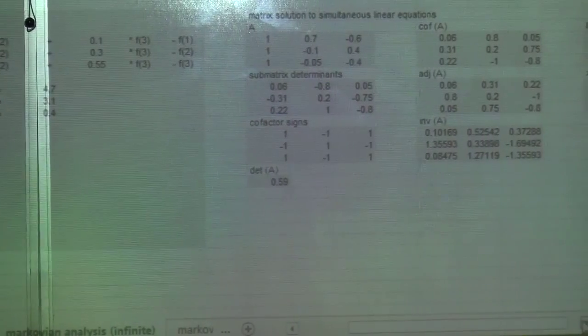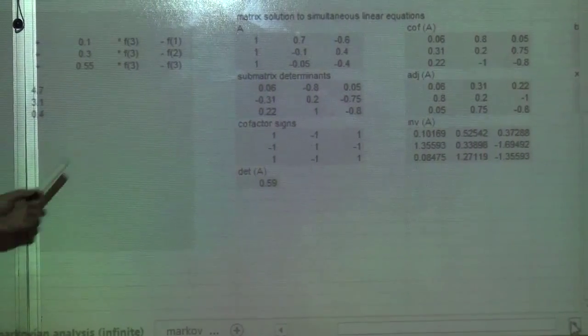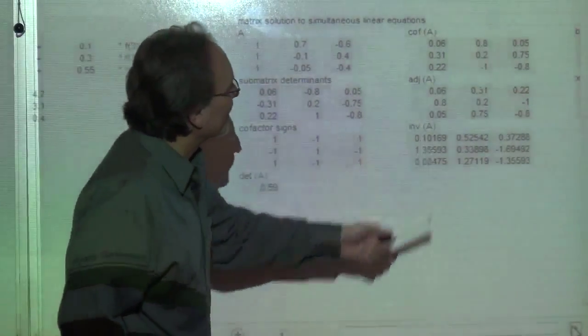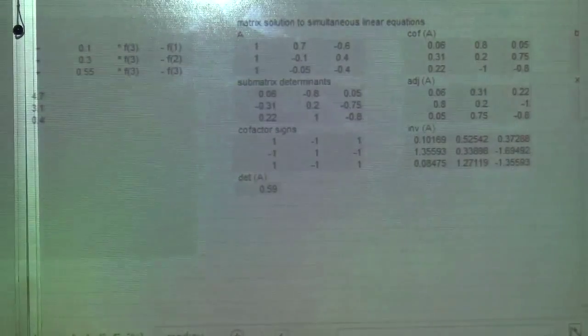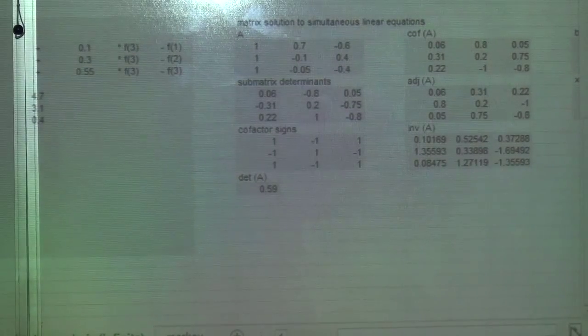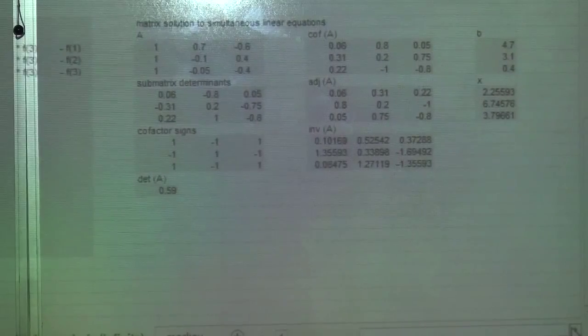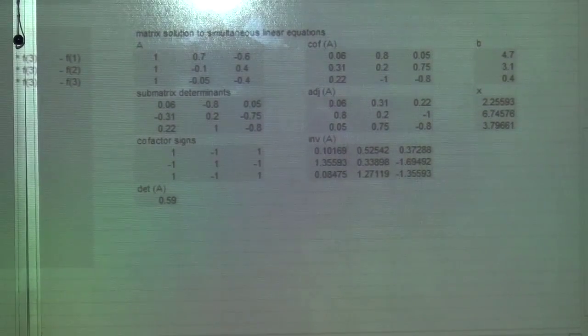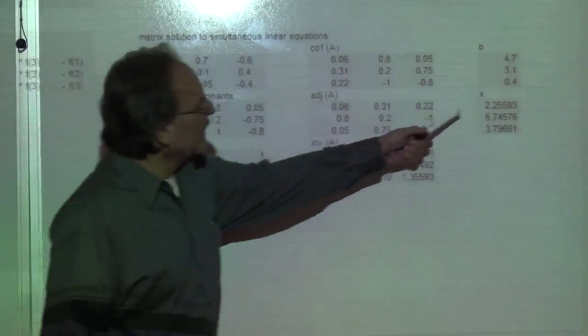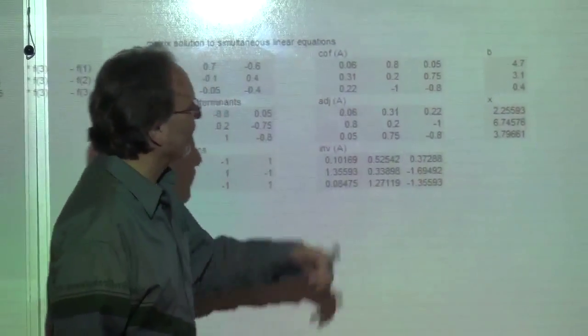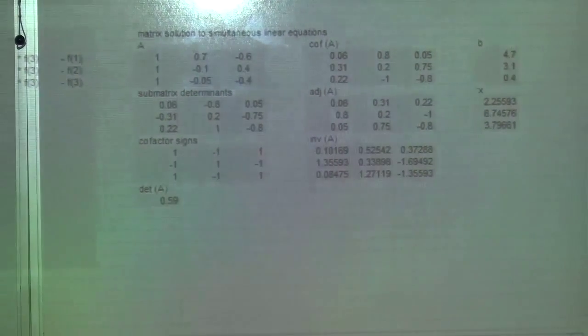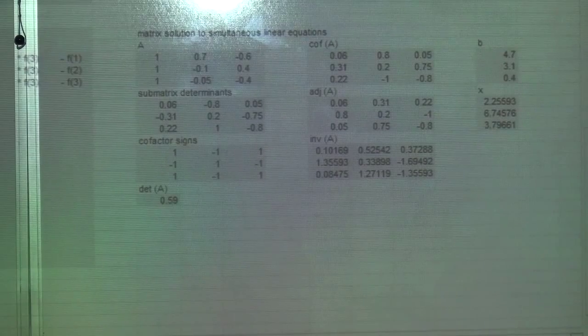This is our A matrix, and through the whole thing again. This is the inverse, and this is what I arbitrarily called B, which is really the value matrix. And this is then our values for E, F1, and F2. F3 we've arbitrarily set to 0, exactly.